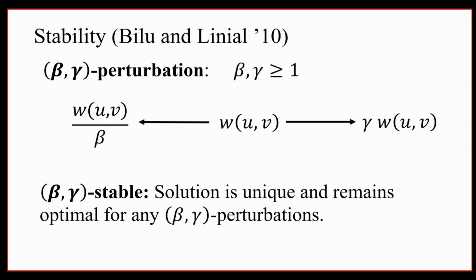And any given problem instance is said to be beta-gamma stable if the exact solution for that optimization problem is unique, and it also remains the unique optimal solution for any beta-gamma perturbation. So in some sense, if you think of the parameters as being in some high dimensional space, then you're looking at a ball around that region, and you want the solution to be the same in that entire ball.